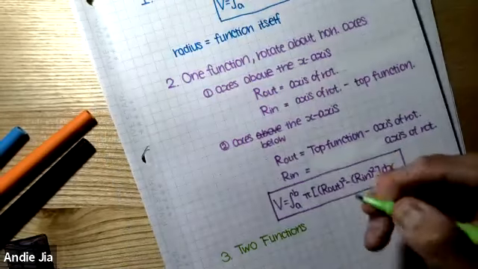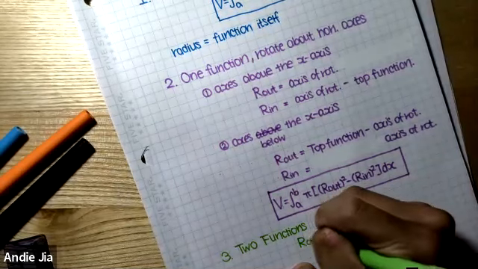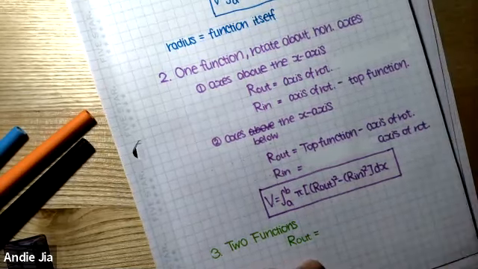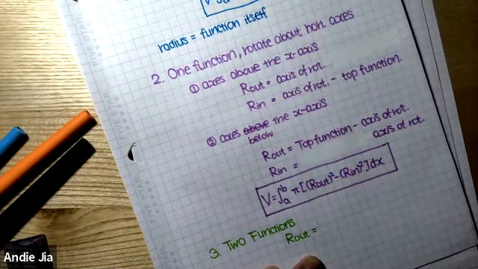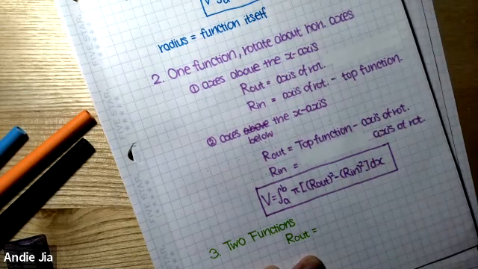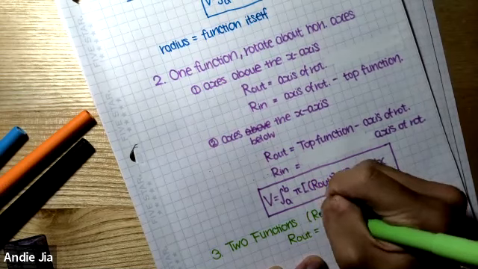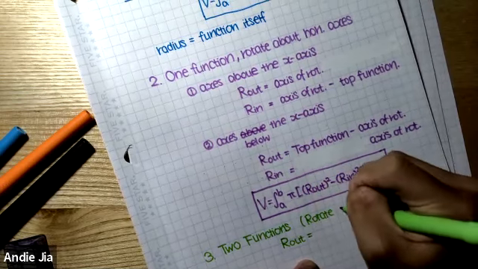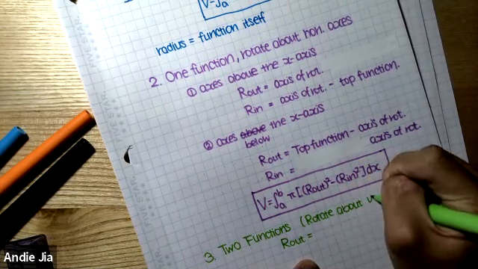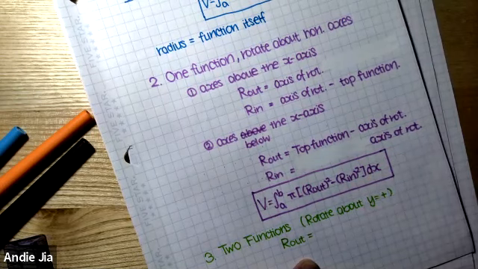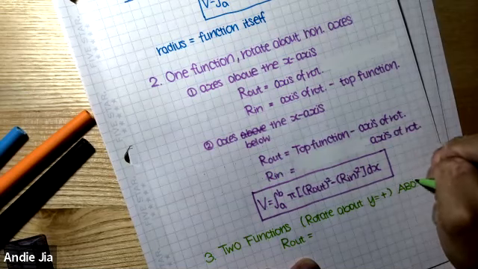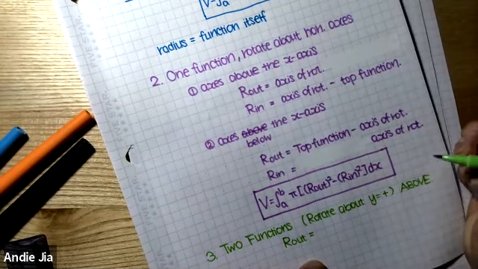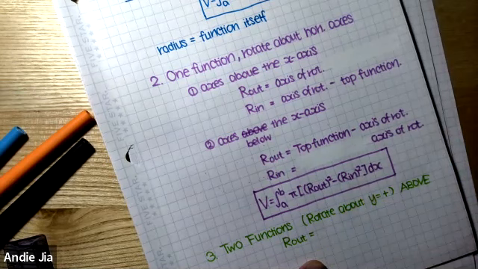Sorry for the mistake. If there are two functions rotated about y equals something positive, and it's above the two functions, it's the same formula, but just the inner radius should be different.